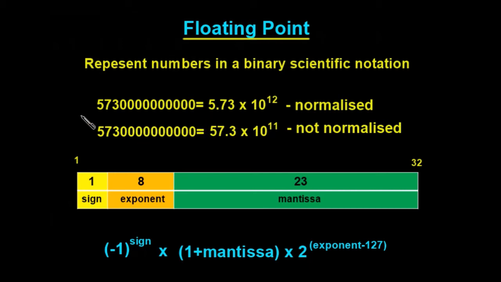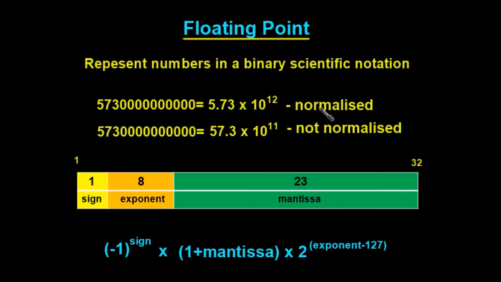So for example, if you had the number 573 and there's 1, 2, 3, 4, 5, 6, 7, 8, 9, 10 zeros here, then we can represent this as 5.73 times 10 to the 12. So in effect we take the decimal point up 12 places. So that's 10 places to there, and that's 11 and that's 12, so it becomes 5.73 times 10 to the power of 12.